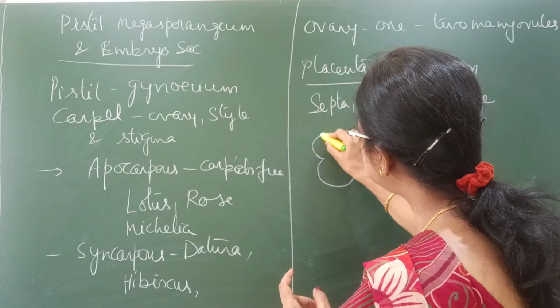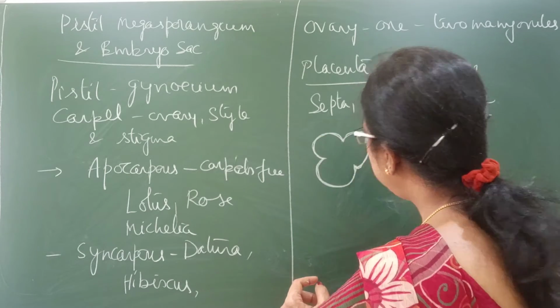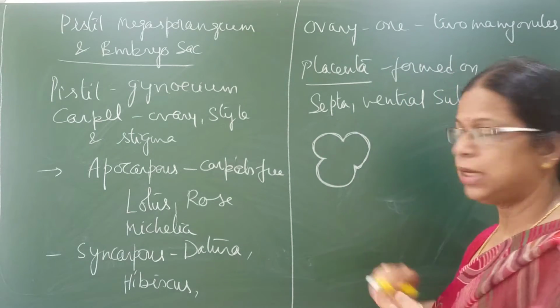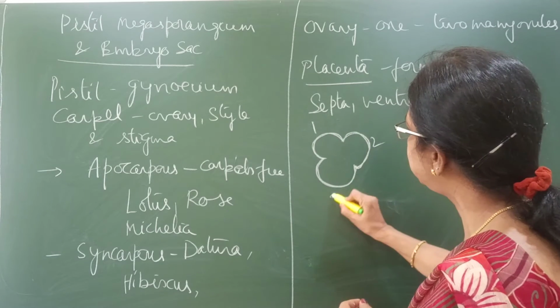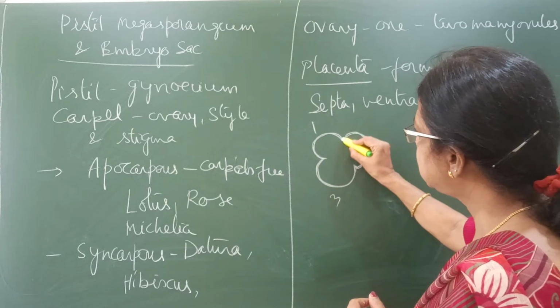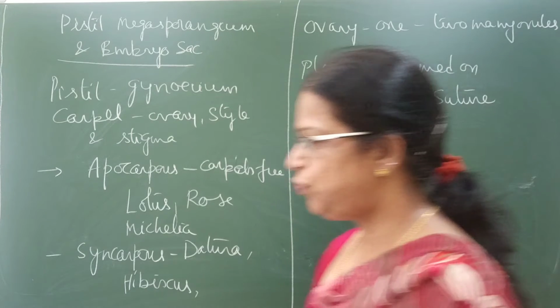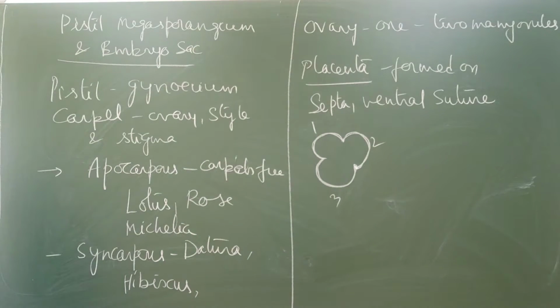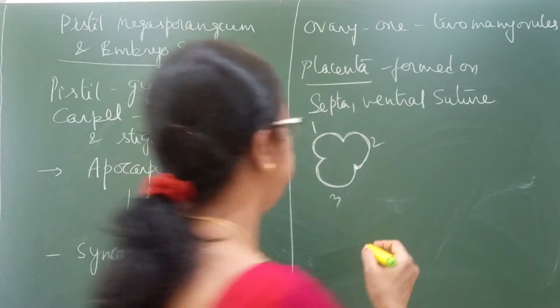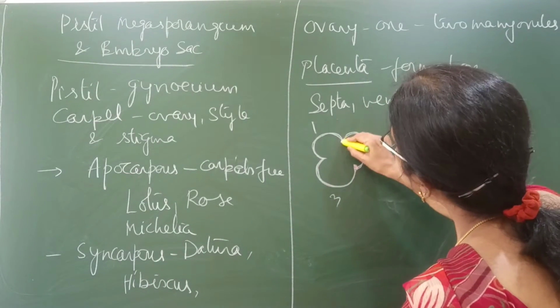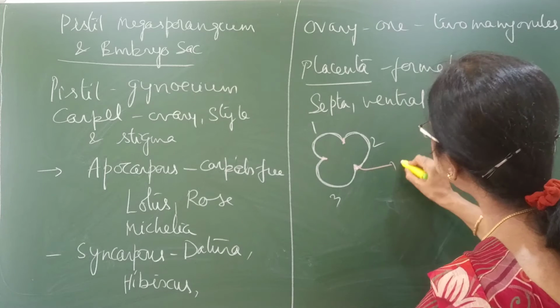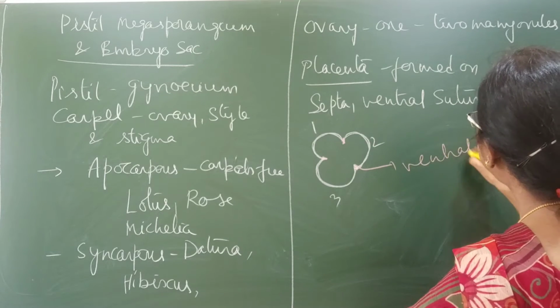This is the transverse section of the ovary. When we observe it in the syncarpous condition, suppose there are three carpels here. These margins are fused. These fused margins of the carpels are called ventral sutures.